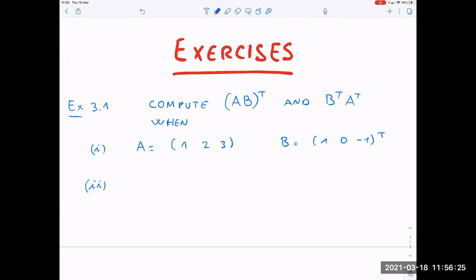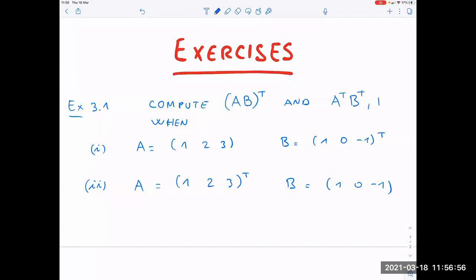And second case is when A is, again, 1, 2, 3, but now is transpose, and B is 1, 0, minus 1. So we want to compute these two, okay? So let's see how we can compute this. Yes, thank you for giving me the idea here. It is A^T B^T, yeah.